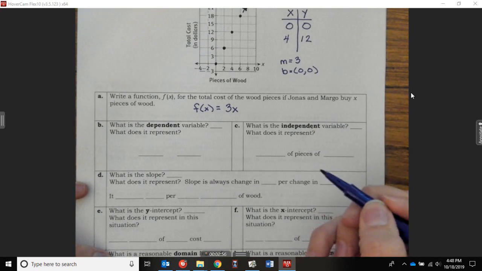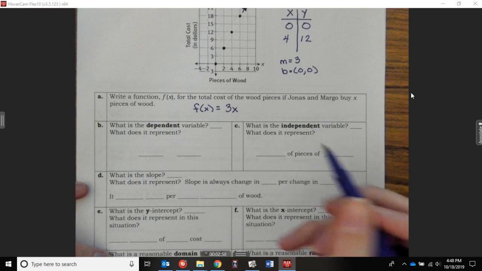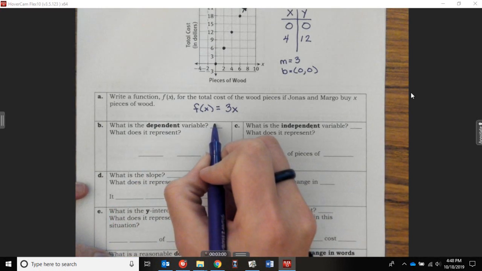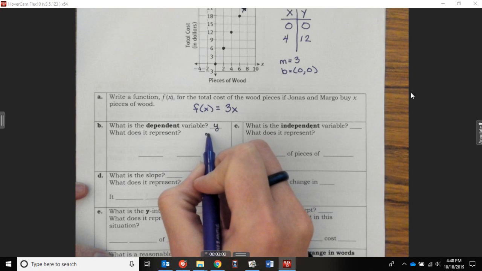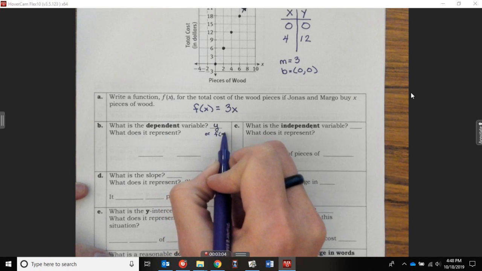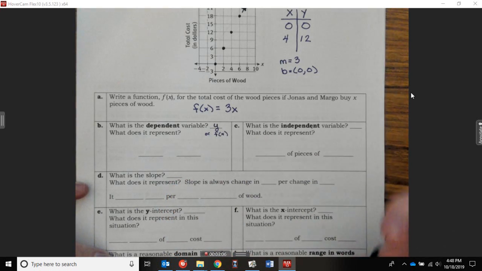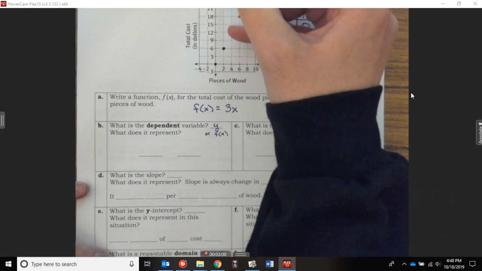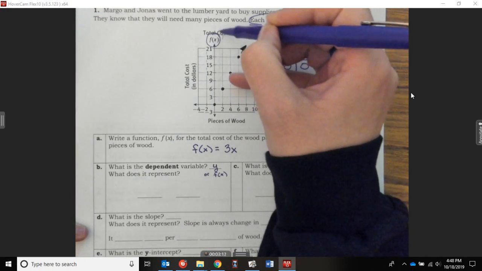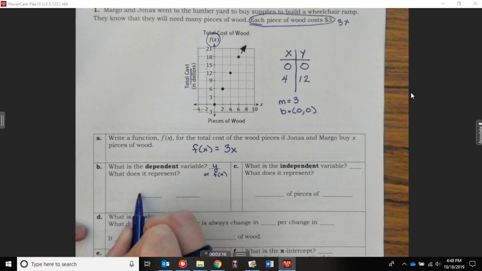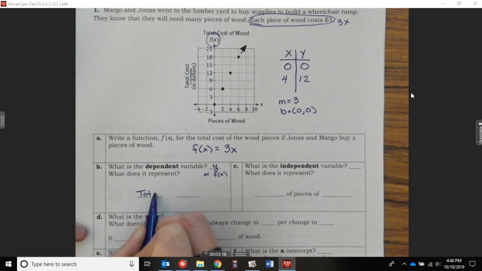Part B. What is the dependent variable? The dependent variable is always your y value, or since we're using function notation, it's your f of x. In this situation, my y value, my f of x, is the total cost. So that's what these blanks are, total cost.